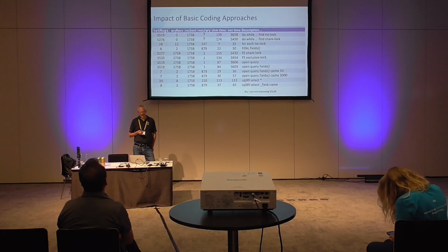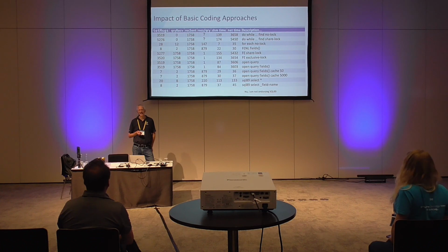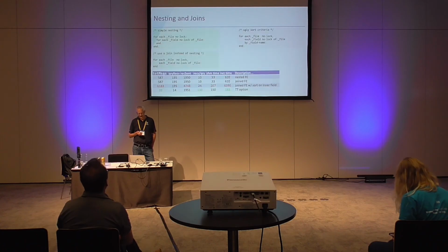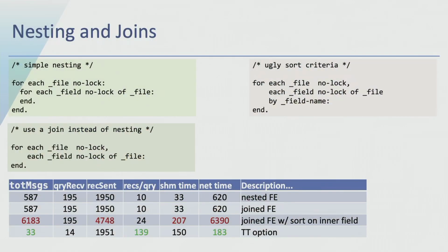So in that for each share lock, what was the scoping? Oh, yeah, that could be it. I didn't pay any attention to that. It probably looked a lot like this, but without the nesting, and without the no-lock, obviously.